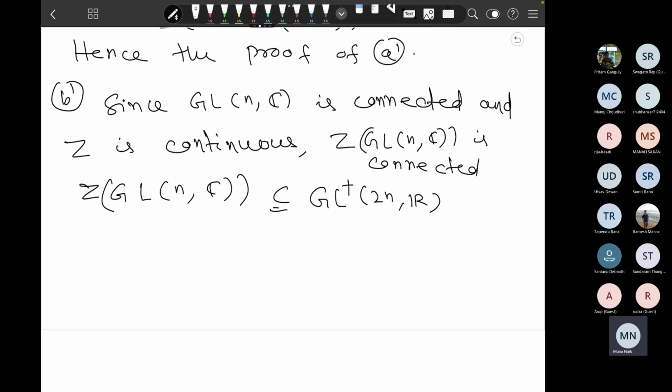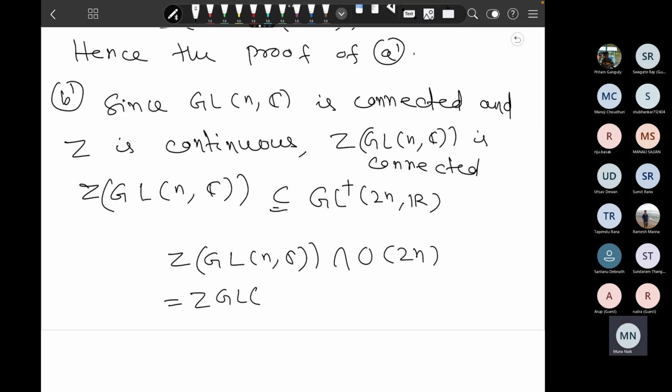So from here you will get that Z of GL(n, C) intersection O(2n) is the same thing as Z of GL(n, C) intersection SO(2n), because you have proved in the first part that this is equal to Z(U(n)).